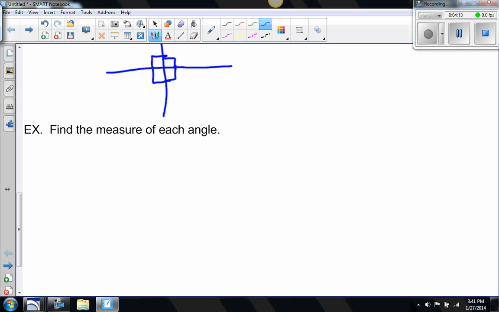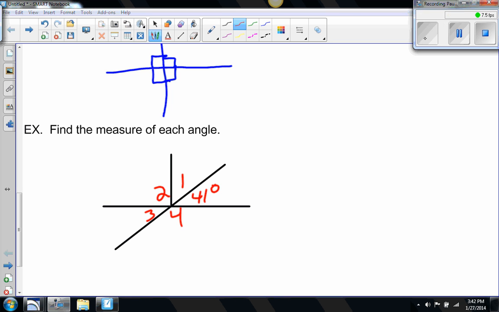So for our example, we have this figure right here, and I'm only actually giving you one angle. I'm giving you the fact that this one right here is 41 degrees. Just because I know that, I should be able to figure out all of the rest of this.